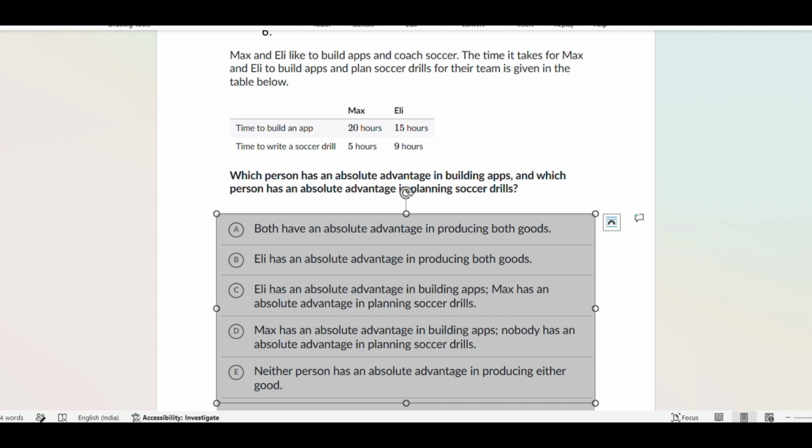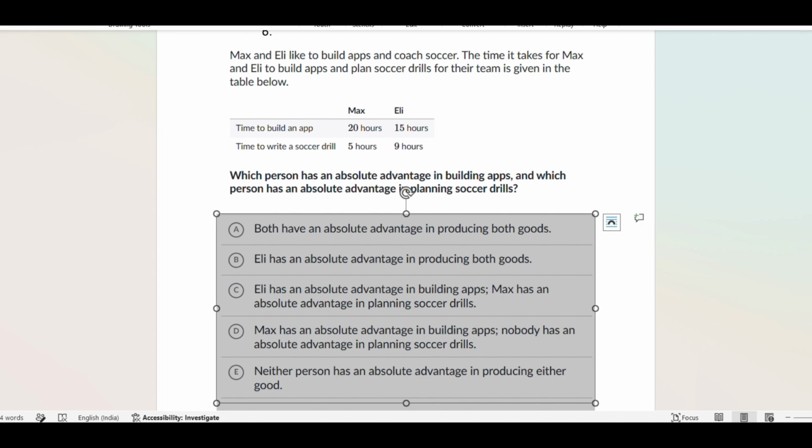Time to build an app for Max is 20 hours and for Ellie it's 15, so Ellie is more efficient in building apps. Time to write a soccer drill for Max is 5 hours compared to Ellie, who takes about 9 hours, so Max is more efficient in soccer drills. So Ellie would specialize in apps and Max in soccer drills.